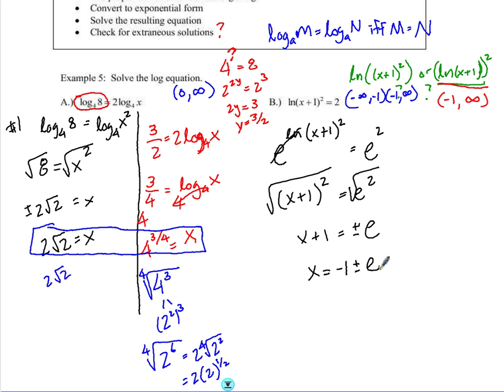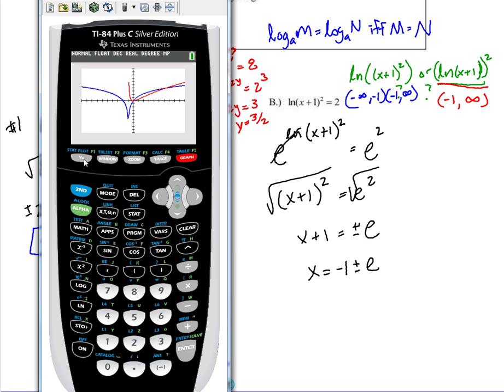A quick way to check to make sure you have all the solutions is to pull out your graphing calculator. Since we're going with only the first function where the squared is with the x plus 1 inside, let's write both sides of the equation into my graphing calculator and look for where they intersect. Here's again our first function, which has a domain from negative infinity to infinity, not including negative 1.